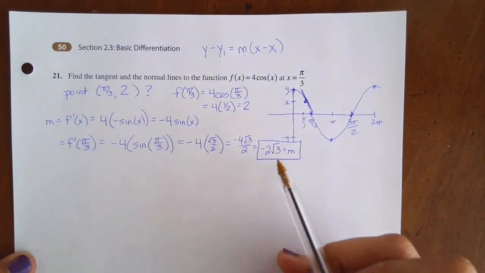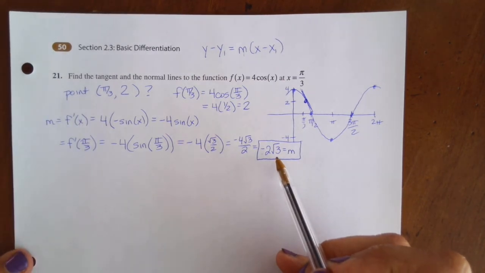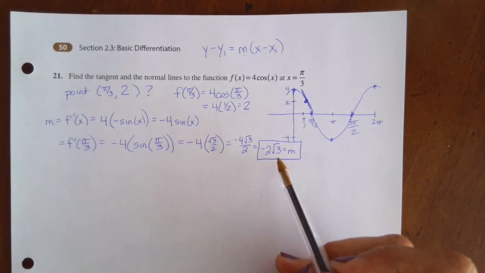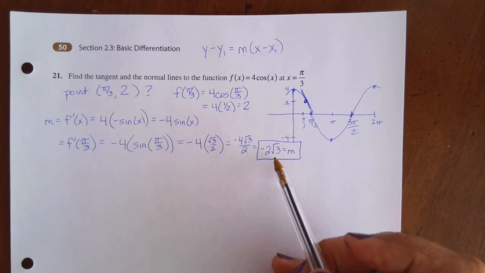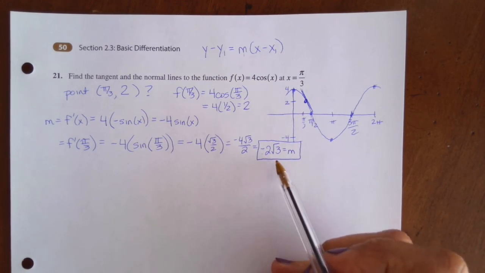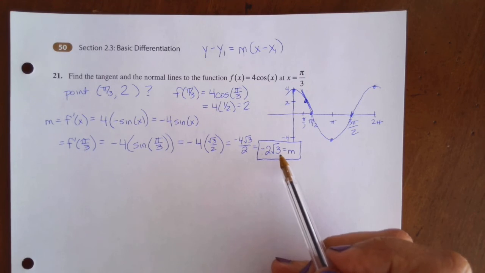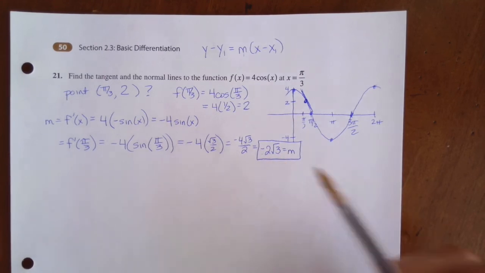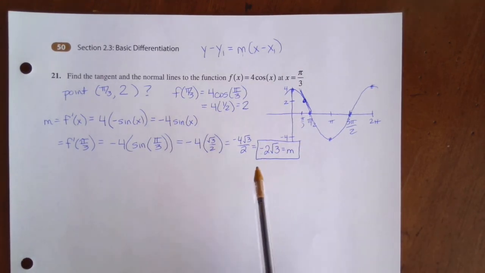So this is just a decimal number. I'm just going to leave it as a radical. Again, if you're using WebWorK, if you're going to take the square root of 3 and get the decimal value, remember that WebWorK will not like it if you round. So you need to put at least 6, 7 digits after the decimal point if you're going to use a decimal. And also, as you work a problem, if you are rounding inside the problem, then when you get to your final answer, it will be wrong on WebWorK.